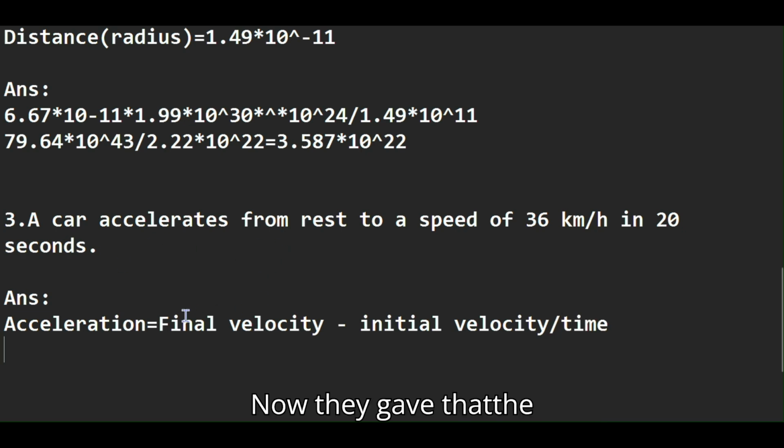The final velocity is 36 kilometers per hour and the initial velocity is 0, since the car is at rest.